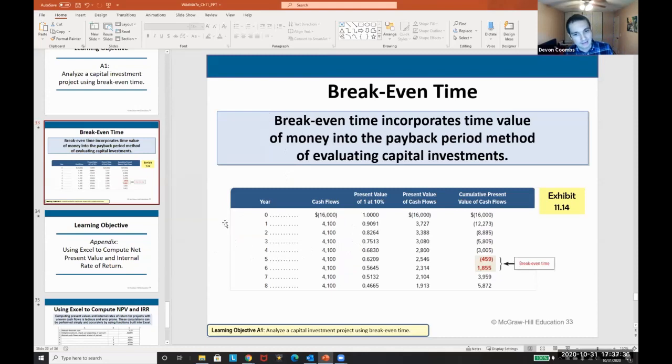So we can figure out the present value of cash flows for each year, and then figure out the payback period based on that net present value of cash flows. I'm not going to ask you to do this on tests or exams. I don't think this is used much, because if you're going to go to the present value of cash flows, you might as well just use the other metrics. But just be aware this exists.